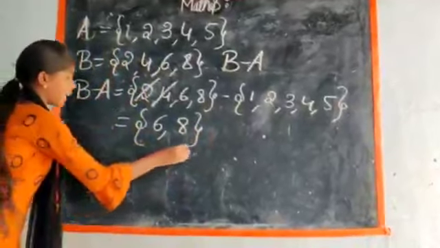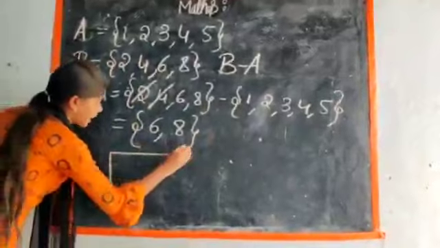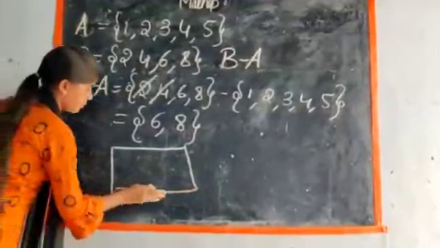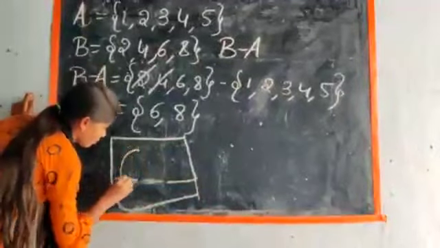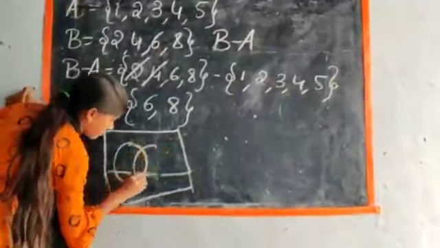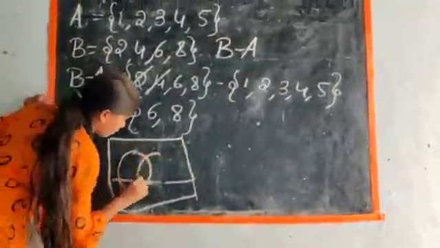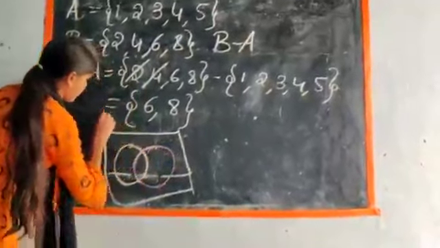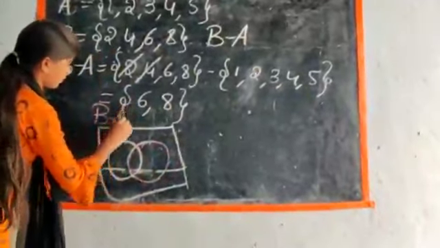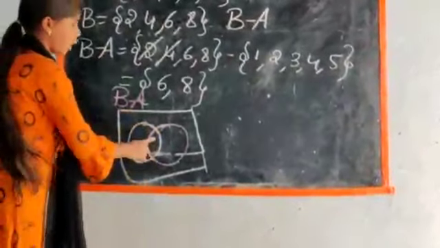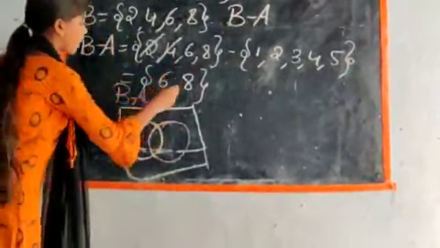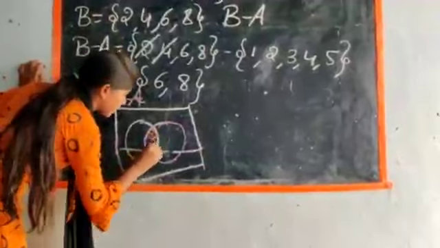So the Venn diagram for this B minus A is: first we write the common elements in the common place. 2 and 4 are common in these two sets.